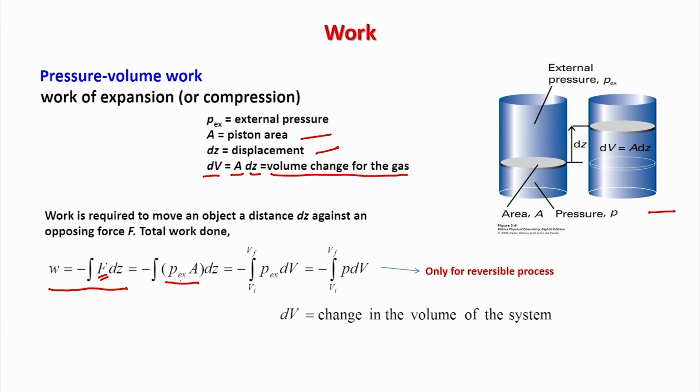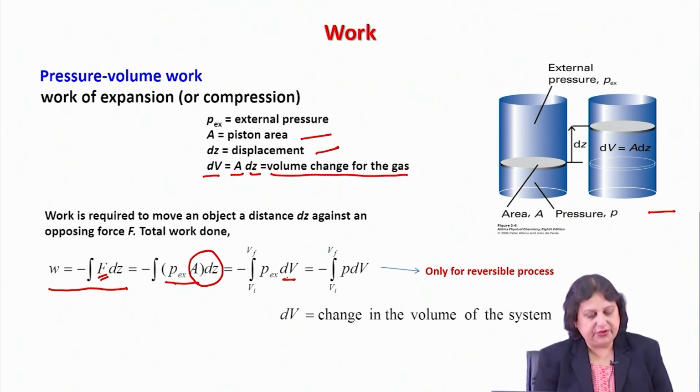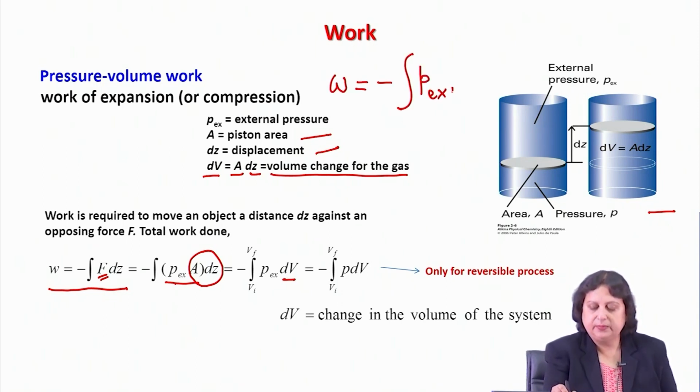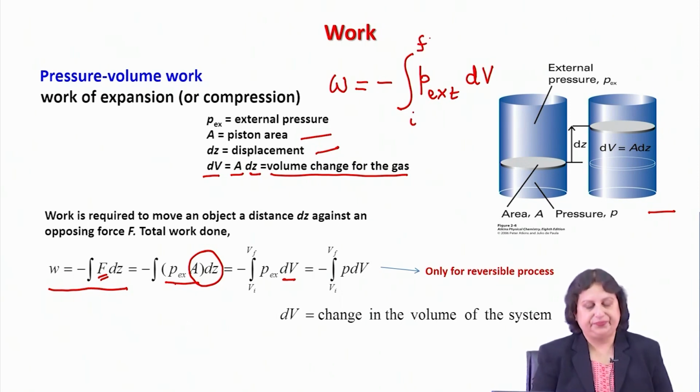Now if I leave P external as such and recombine the other two terms, the combination of these two terms is nothing but dV. And therefore, I find that the most general definition of work is W equal to minus the integral of P external into dV as we go from the initial state to the final state.